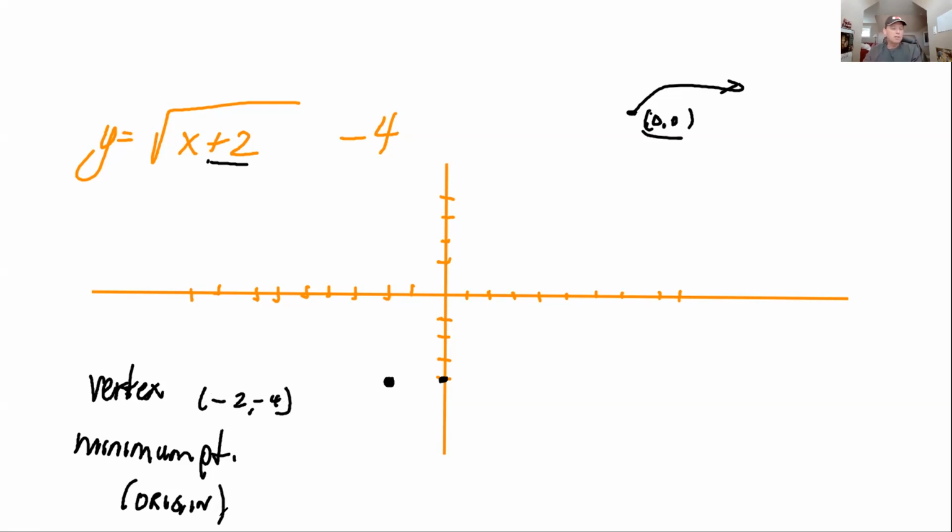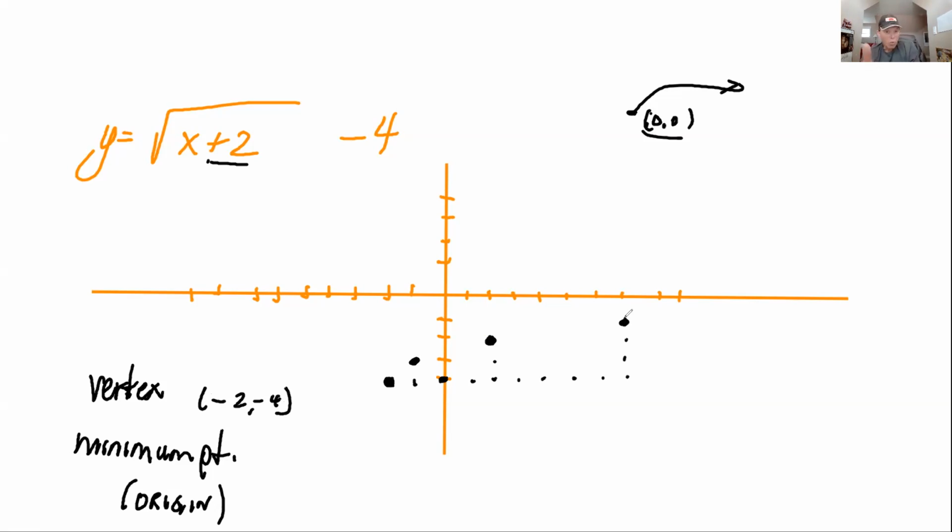So then I'm going to go over 1, up 1, because I know that from the origin, when x is 1, the square root of 1, y is 1. I'm going to go over 4 and up 2.